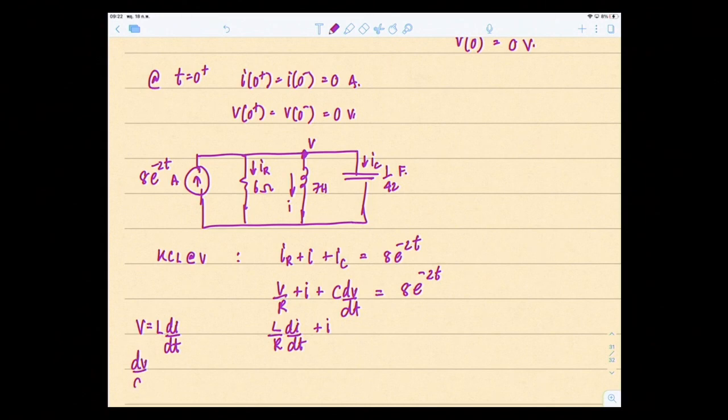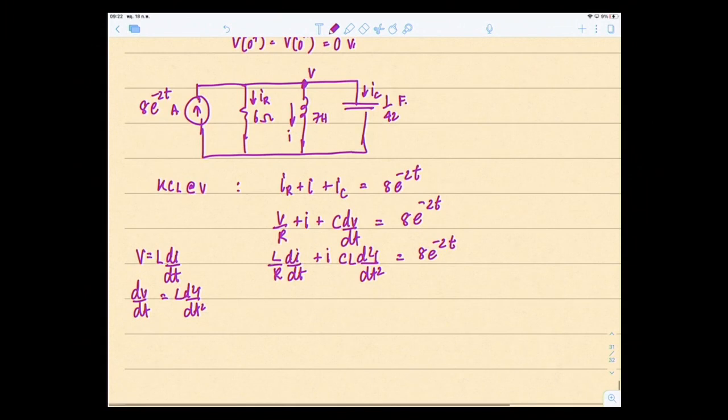So dV by dt would be L d square I dt square. So it becomes C L d square I dt square equal to 8 e to the minus 2t.